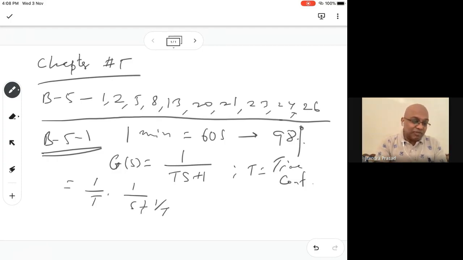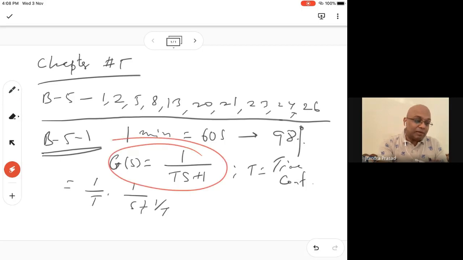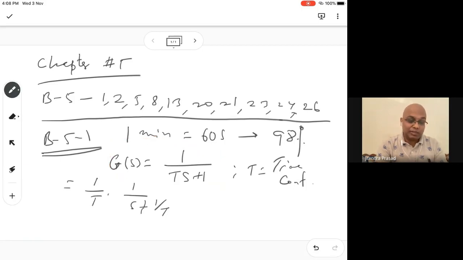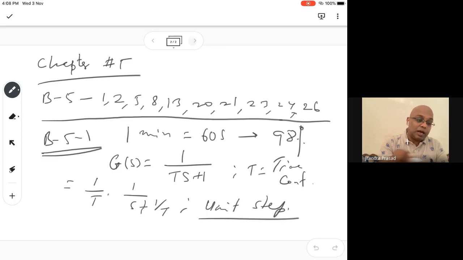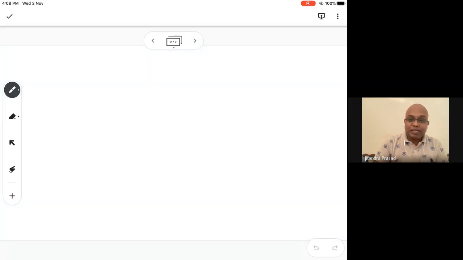Now if the first order system is given by this, we have to find the response due to a unit step. The unit step function goes like this, and the response goes something like this for a first order system.